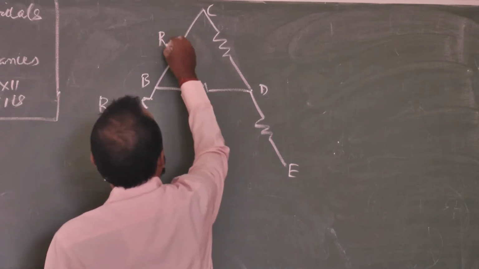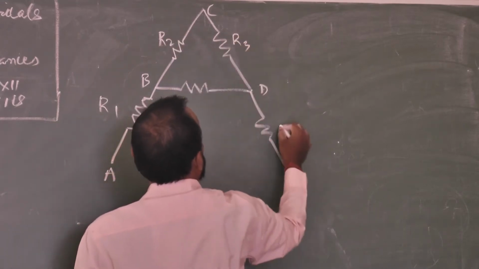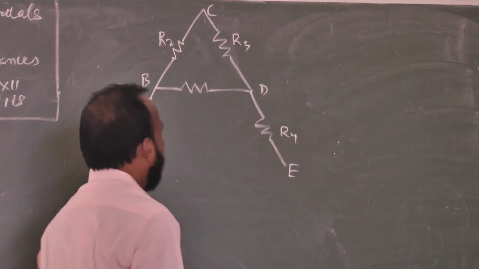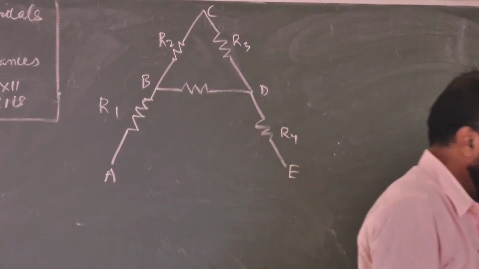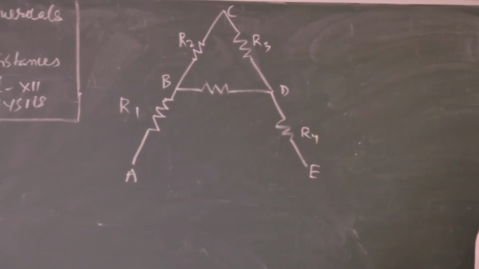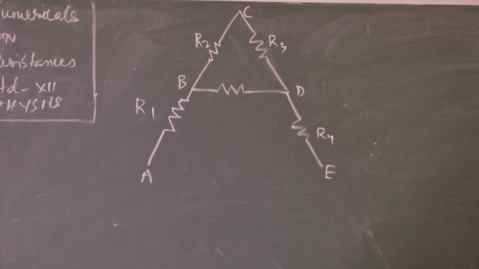R1, R2, R3, R4. So the question is, a letter A consists of a uniform wire of resistance 1 ohm per centimeter. The sides of the letter are each 20 centimeter long, and the cross section in the middle is 10 centimeter long, while the apex angle is 60 degrees. Find out this one.